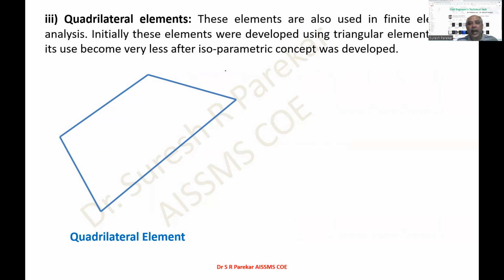And then we have the isoparametric concept. This isoparametric concept means we are going to be with elements which will be very close to our boundaries. These quadrilateral elements are also not used nowadays. They are replaced by isoparametric elements.